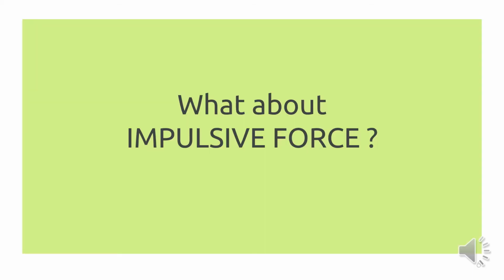But what about impulsive force? Impulsive force is defined as the rate of change of momentum. Rate means it must be divided by time. So the formula is F equal to mv minus mu divided by t, where t is the time of impact.